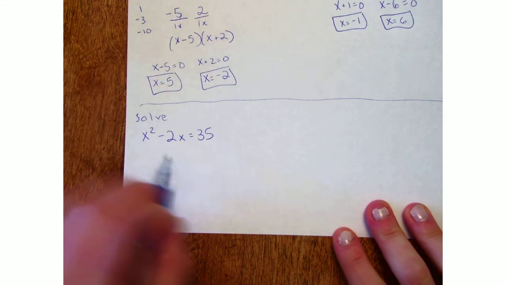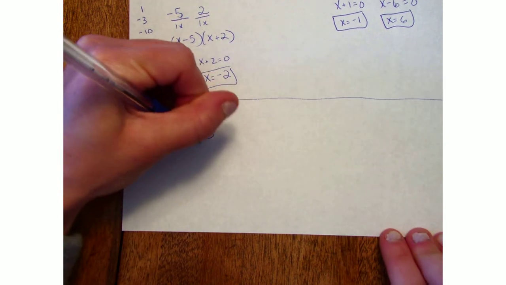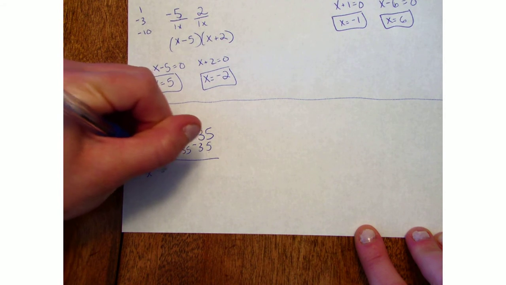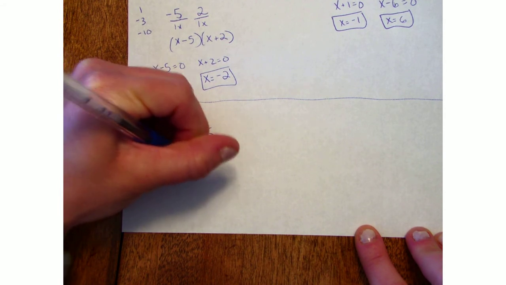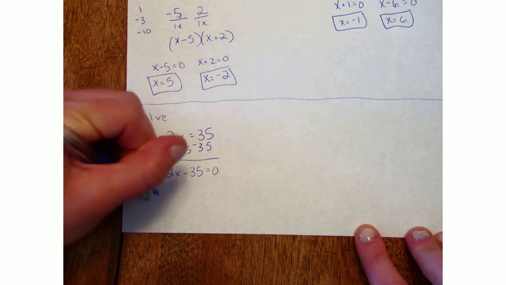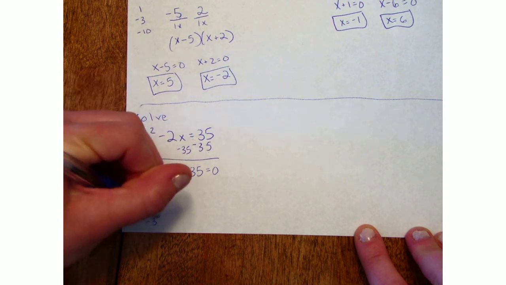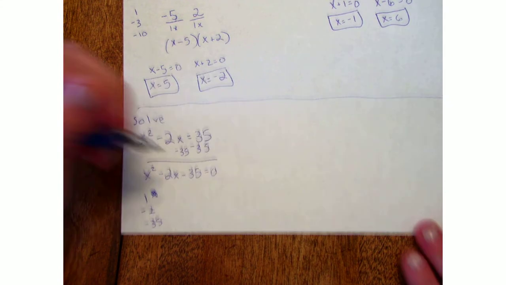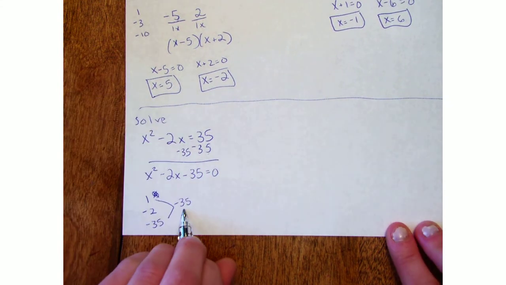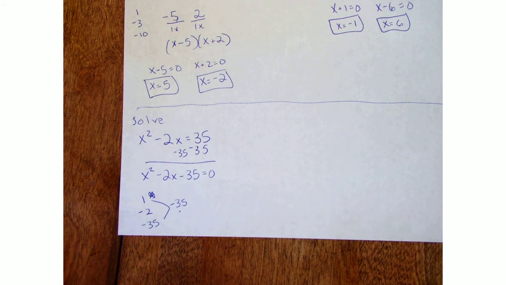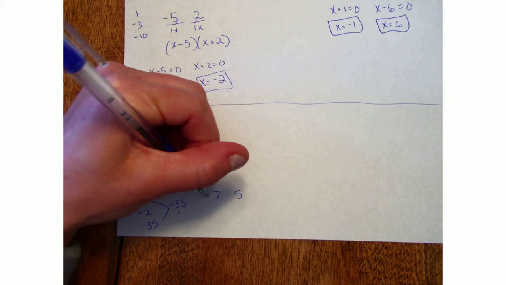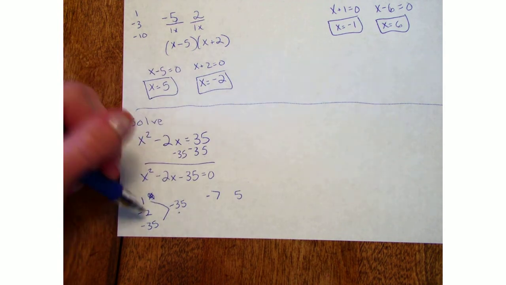So again, needs to be in standard form. Minus 35, minus 35. X squared minus 2x minus 35 equals 0. We got 1, -2, -35. What two numbers multiply to -35 and add to -2? 7 and 5 are coming into my mind. 7's got to be negative because we need a -2.